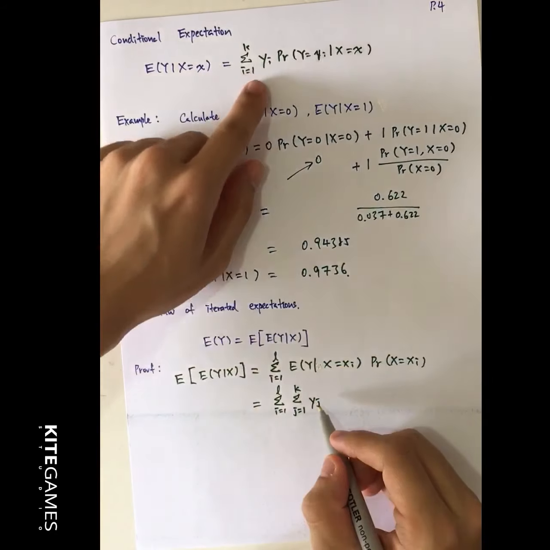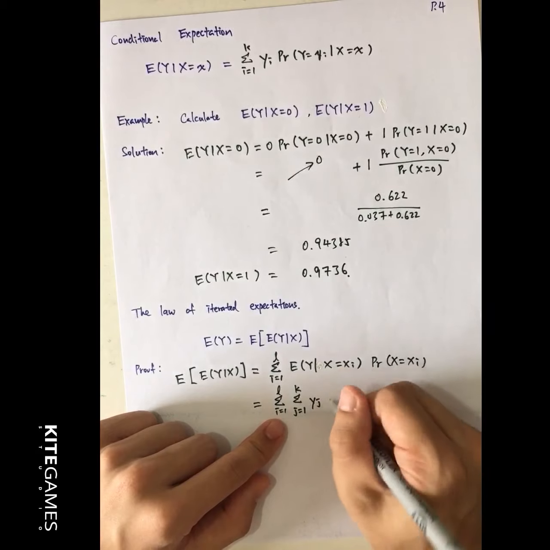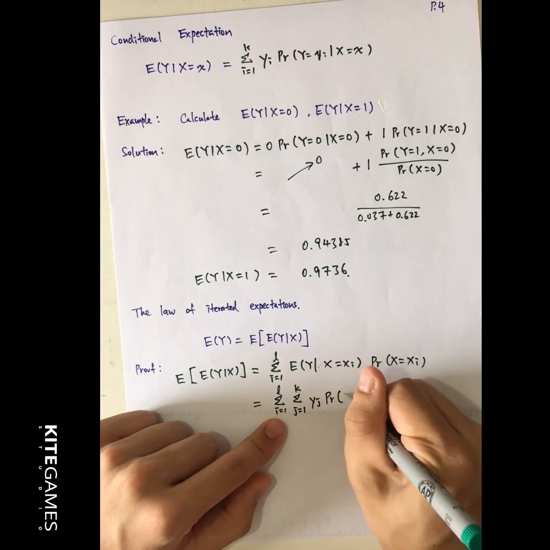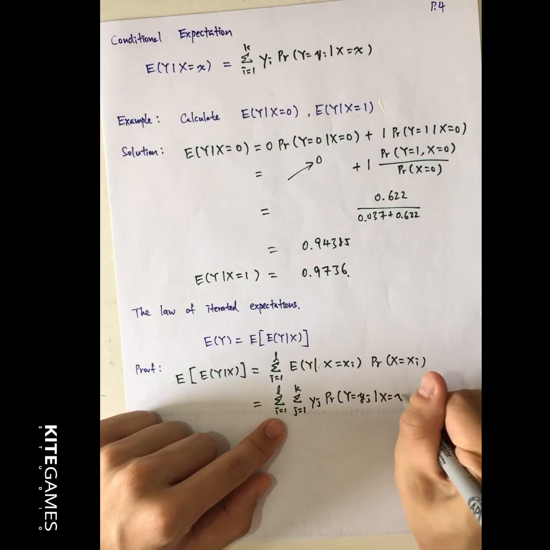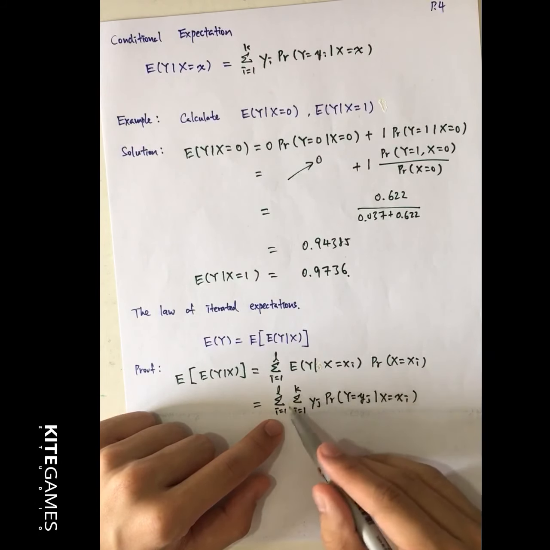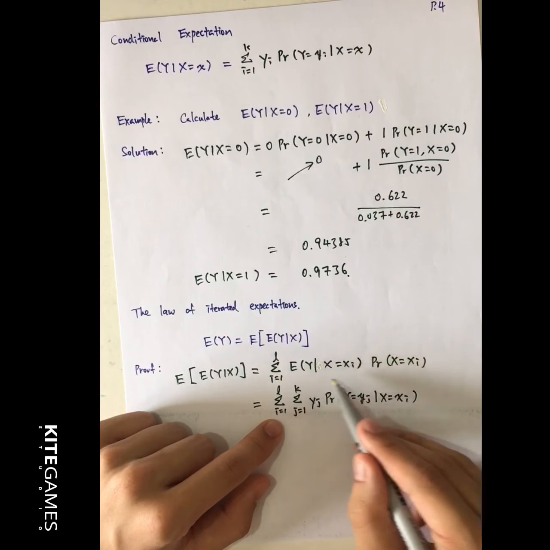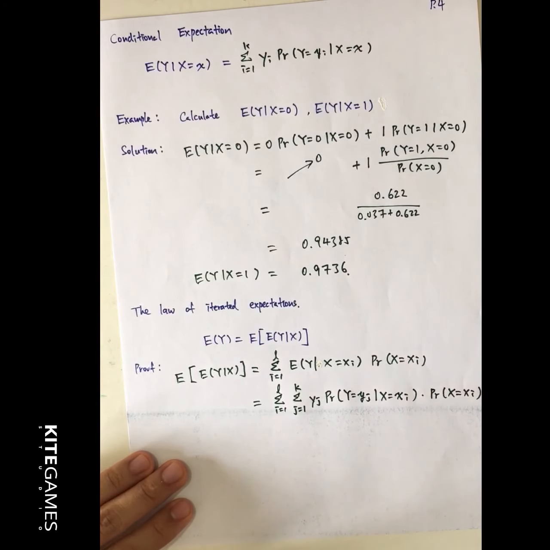The summation index for y is rewritten as yj because I've used i here already, times the probability that y equal to yj given x equal to xi. So this part is indeed the first part. Then keep rewriting the second part, the probability that x equal to xi.